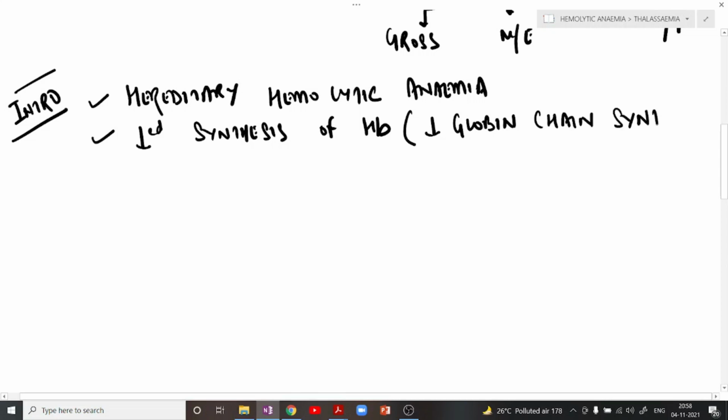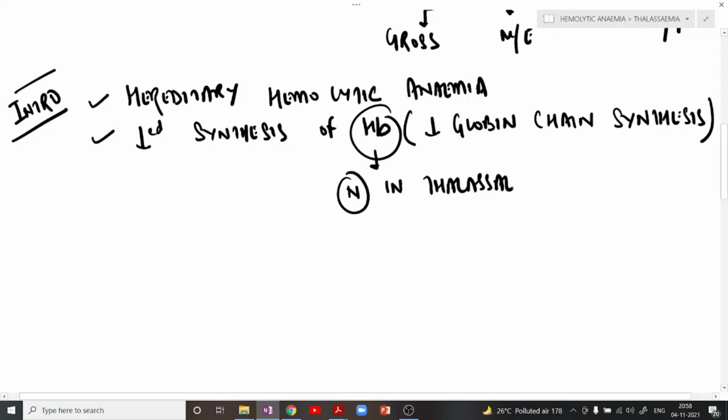Remember, there is no problem with the structure of the hemoglobin. The structure of the hemoglobin is absolutely normal in thalassemia. The only problem is decreased hemoglobin production. Why? Because of decreased globin chain synthesis.